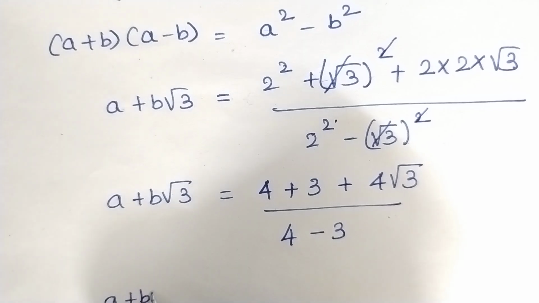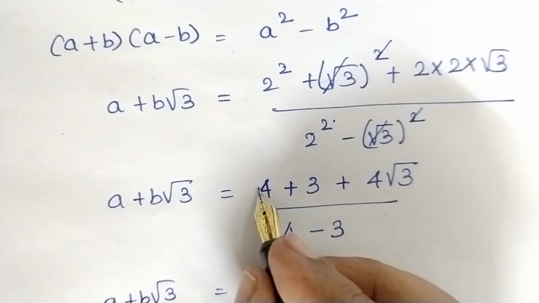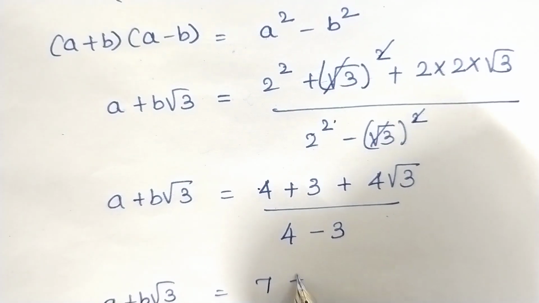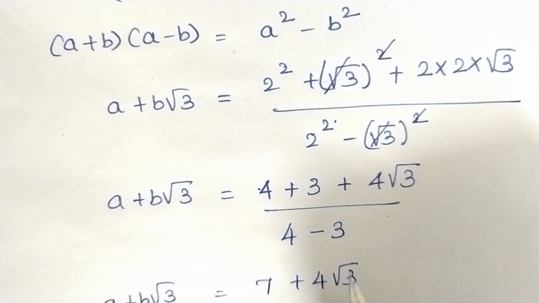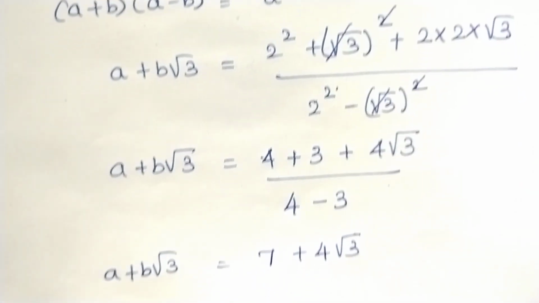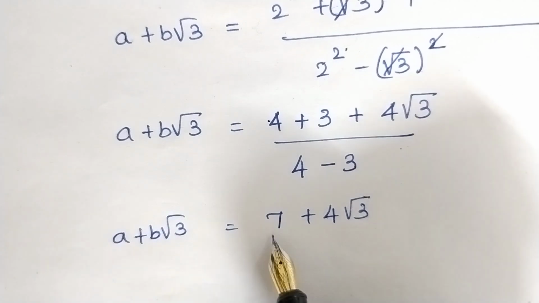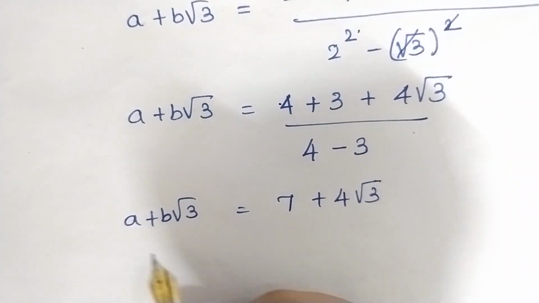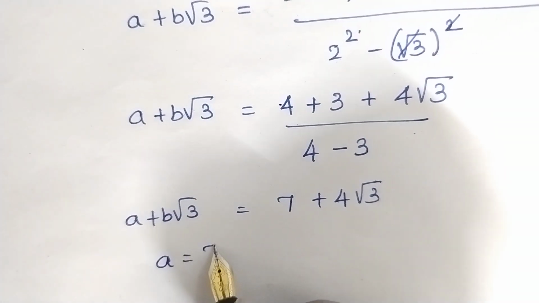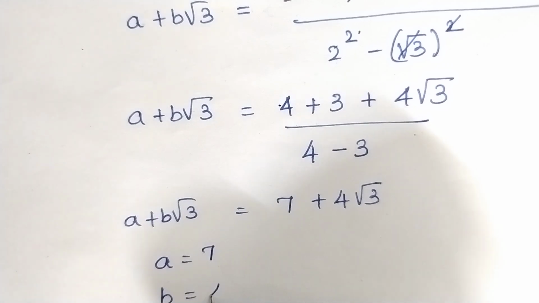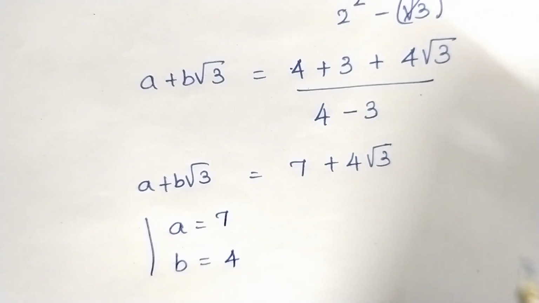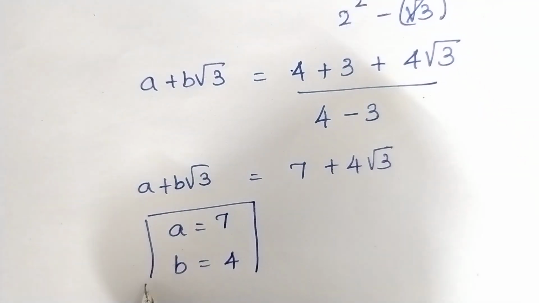Therefore, a plus b root 3 is equal to 4 plus 3, 7 plus 4 root 3, divided by 4 minus 3, which is nothing but 1. So just leave it as it is. Just compare these two. Thereby I get a is equal to 7 and b is equal to 4. Okay. So this is the answer for this question.